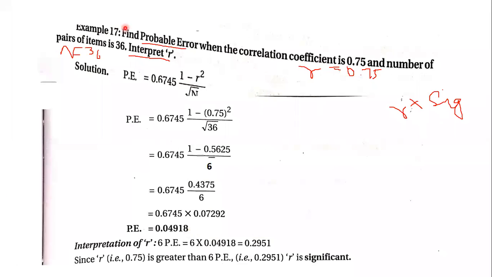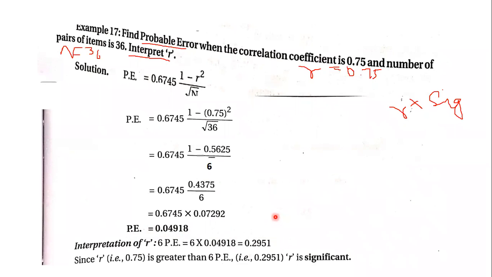But the important step for us after this is interpretation of R. Now, as I already told, if you multiply the value of probable error into 6, you will get a value. If R is greater than that value, it means that R is significant.